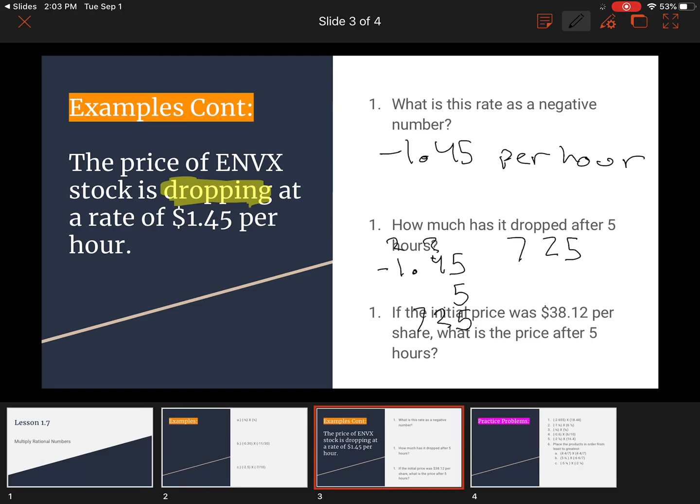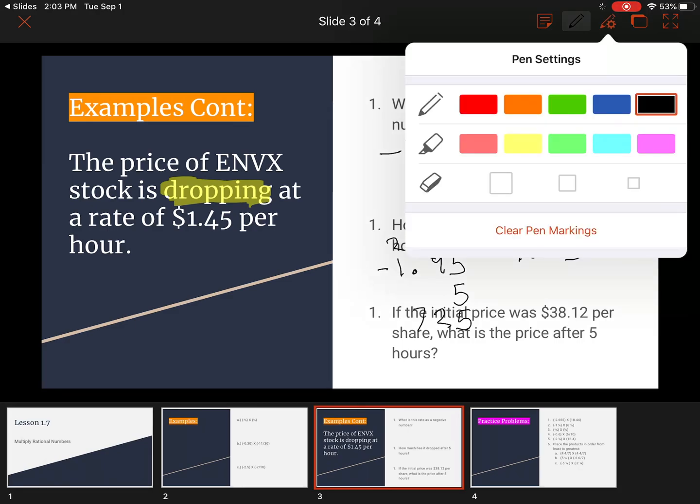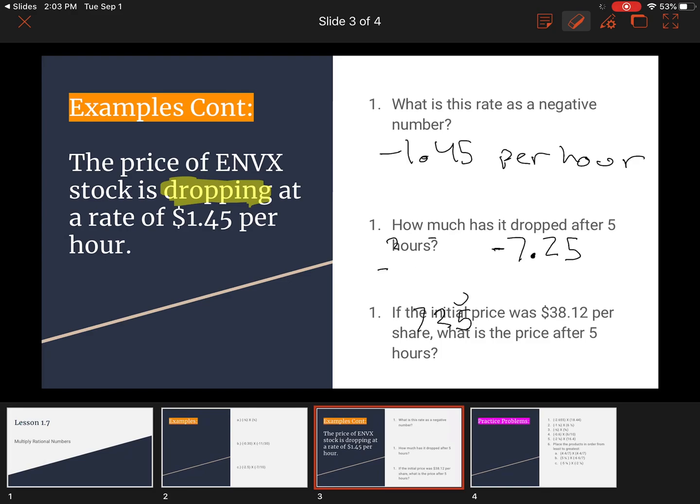Now, how many decimal places do we have? We have 2 decimal places in both our values, so we're going to want to move 2 decimal places right there. And we have a negative number times a positive number, so we're going to make this value here negative. All right, so how much has it dropped after 5 hours? It will have dropped $7.25.